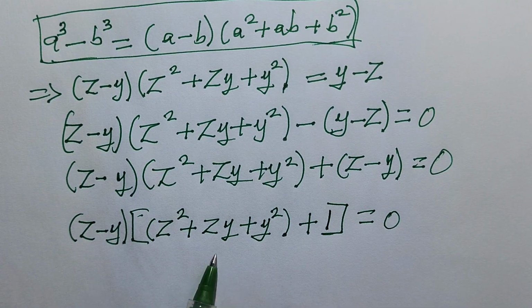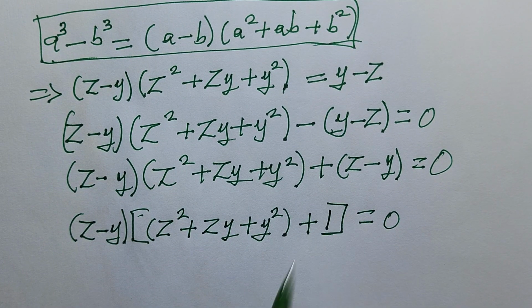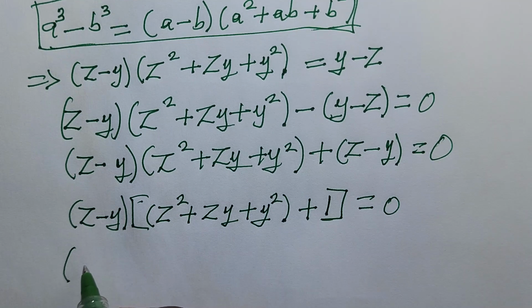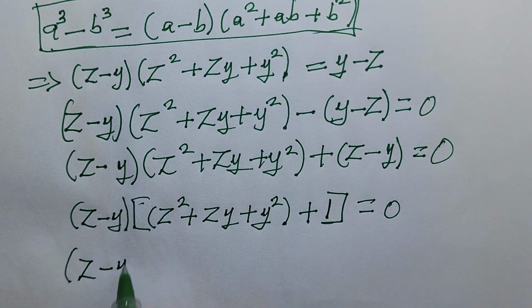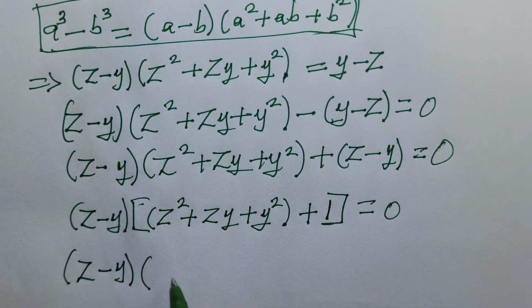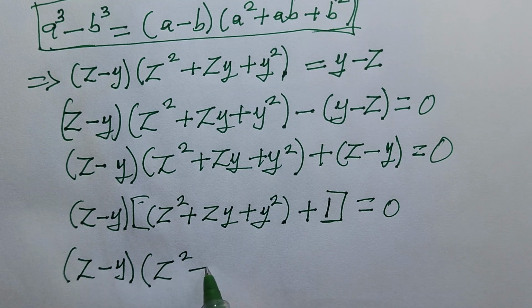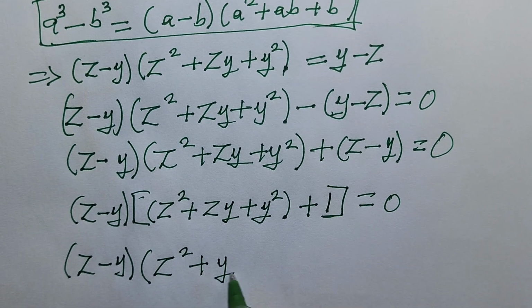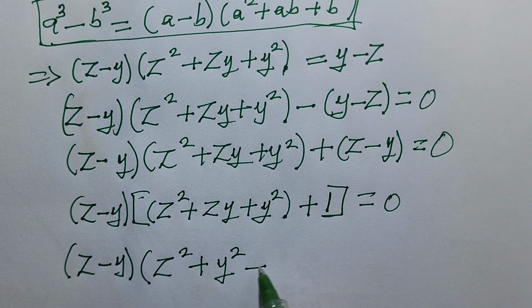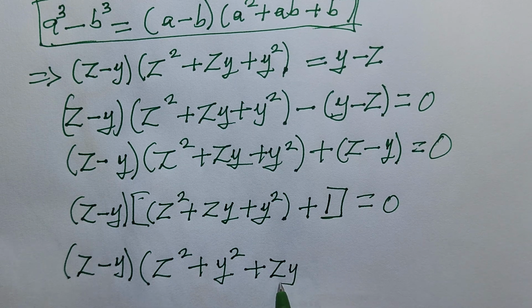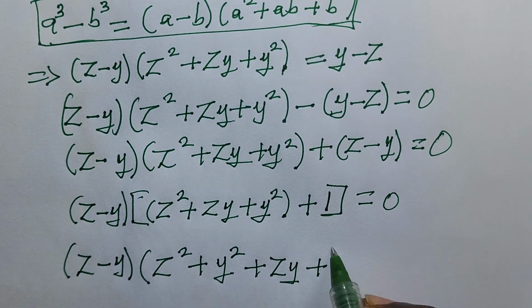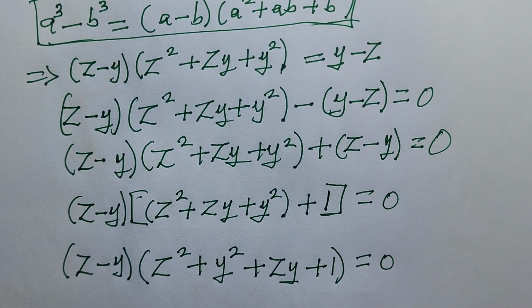Then when I look at this, we cannot open what we have in here now. So we now have z minus y close bracket, z squared plus y squared plus zy plus 1 close bracket equals 0.